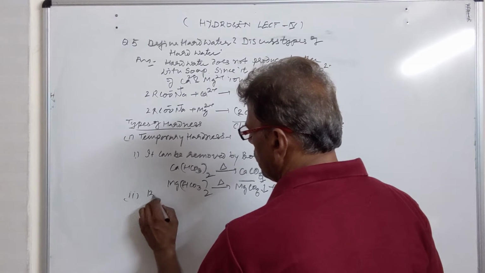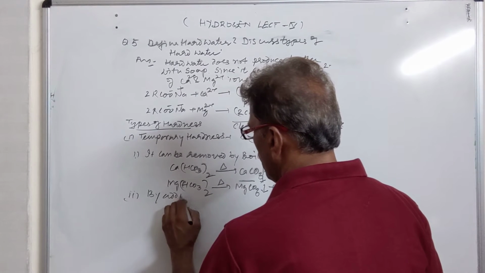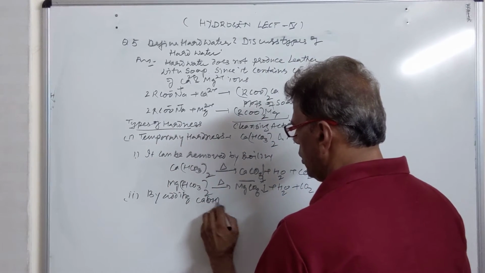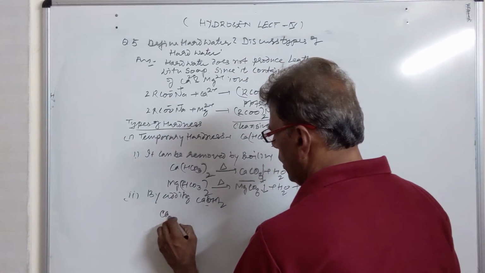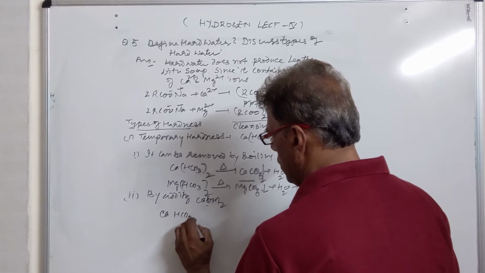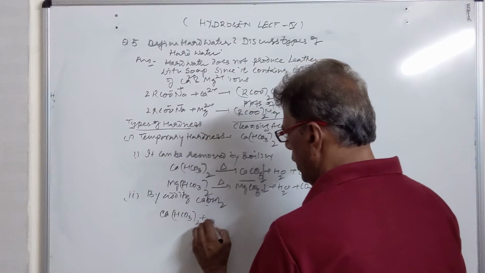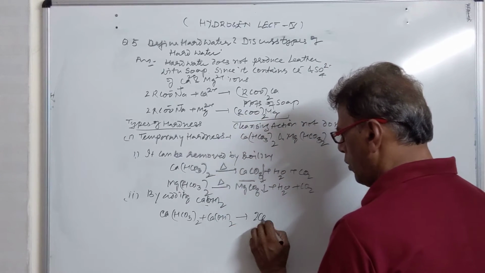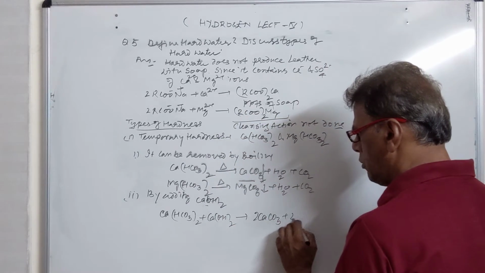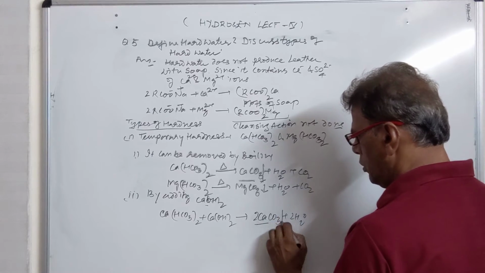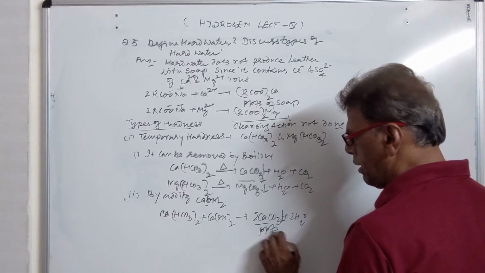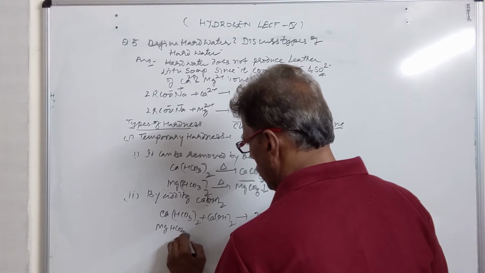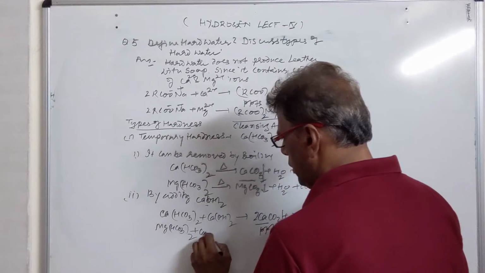Second, by adding lime water. If we add lime water to this solution, that will also help in the precipitation of bicarbonate as a carbonate. You get 2 CaCO3 plus 2 H2O. So these are the precipitates which will settle at bottom. Similarly, we have Mg(HCO3)2 added with lime water.